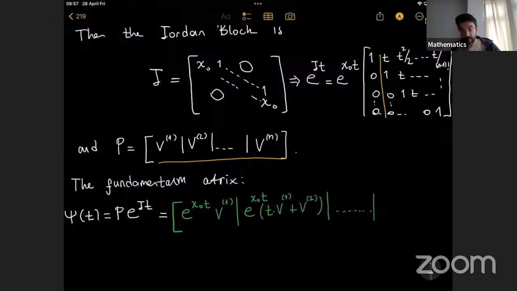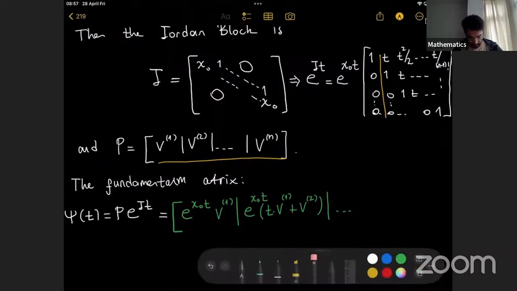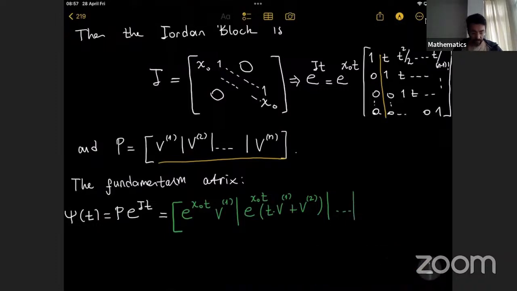The final column will be the following. It's going to be longer. e to the lambda 0 t, parentheses, we have t to the n minus 1 over n minus 1 factorial, v1.